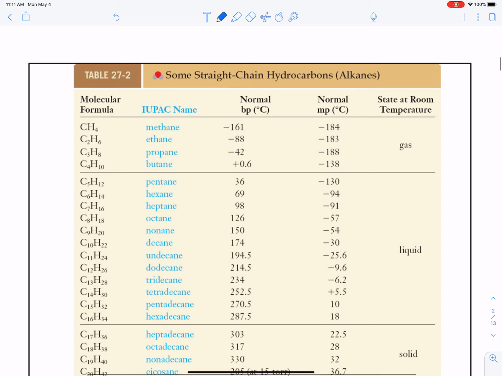Now, hydrocarbons are listed right here. Hydrocarbons are compounds that are comprised of hydrogen and carbon, hence the name hydrocarbon.